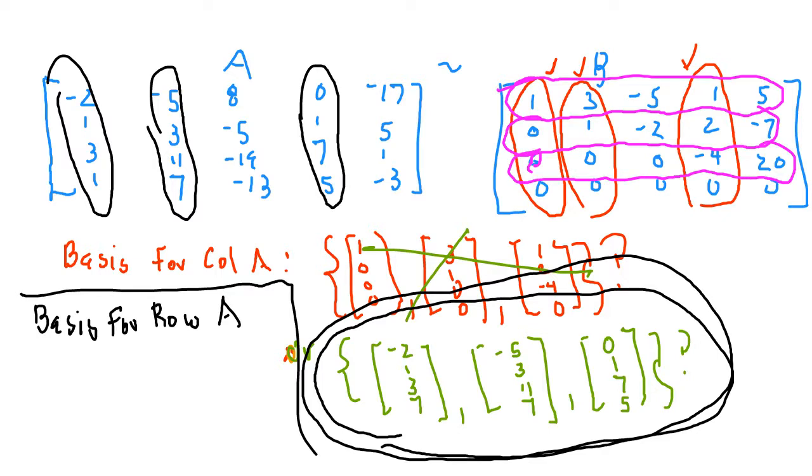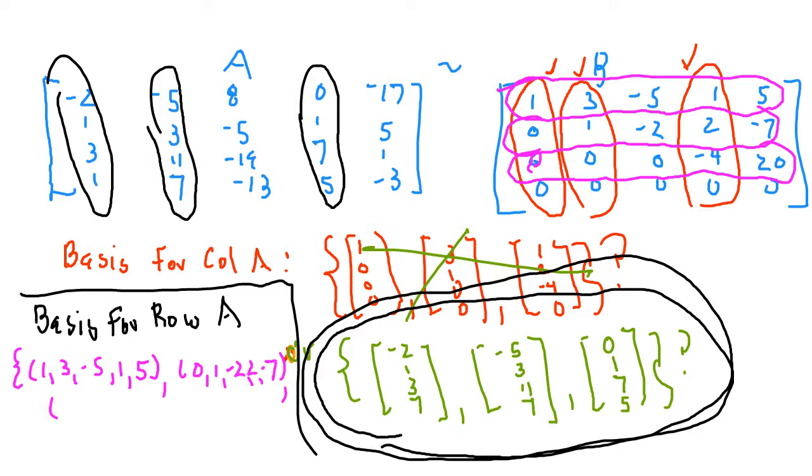So the basis for the row space of A, the way the book writes it, it writes down 1, 3, -5, 1, and 5. It writes it down this way. It uses coordinates. 0, 1, -2, 2, -7.